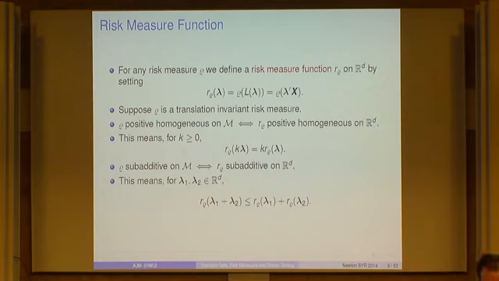I'm slightly confused. You said that x was fixed, but you mean the distribution of x is fixed, in which case the risk measure has an expectation somewhere, doesn't it? I mean, you've got real valued functions there. That r rho is not a random variable, is it?